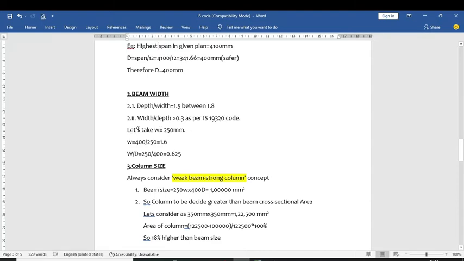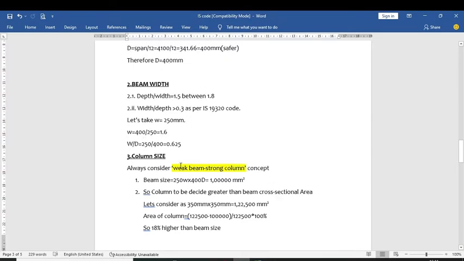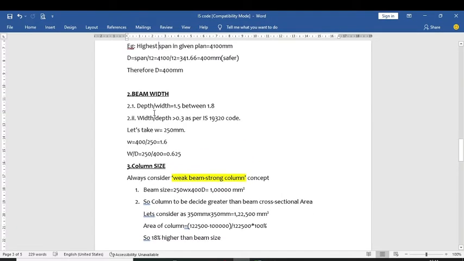So let's take W as 250 mm. If you compare the ratio, it falls between these limits, and it's also greater than 0.3. So these two conditions are fulfilled. So I can take the beam size as 250 mm width times 400 mm depth.